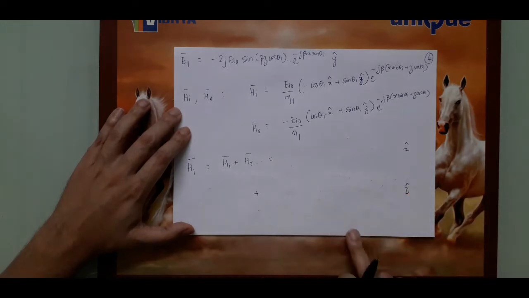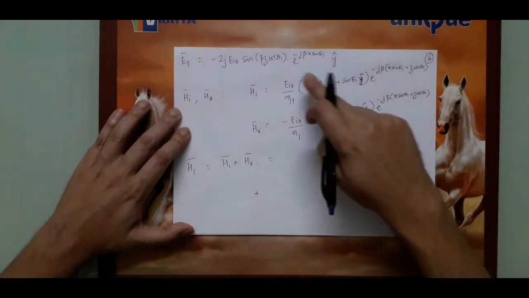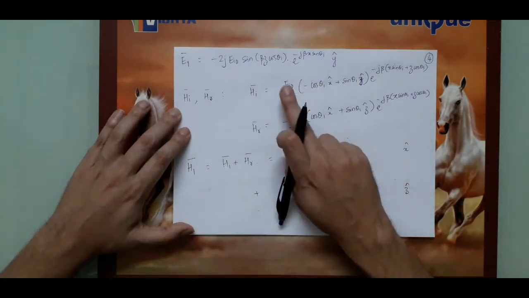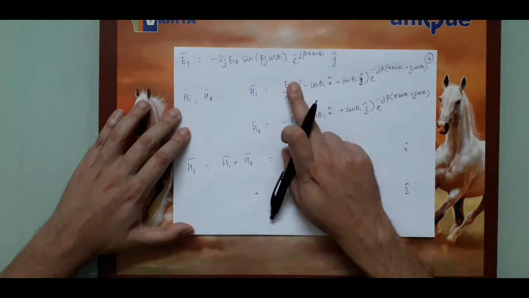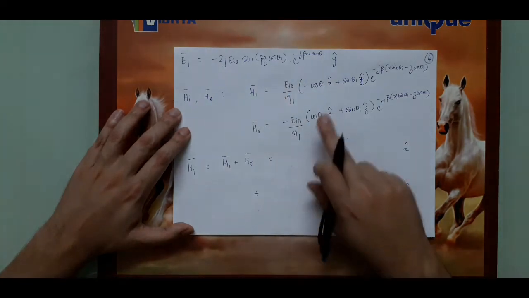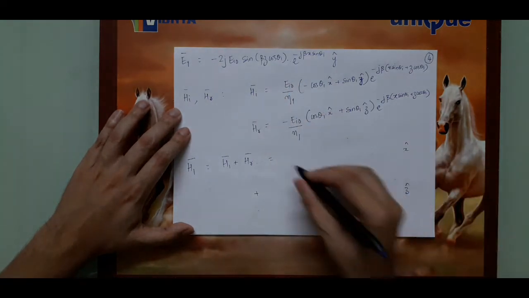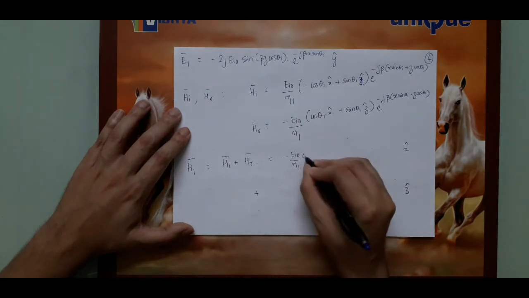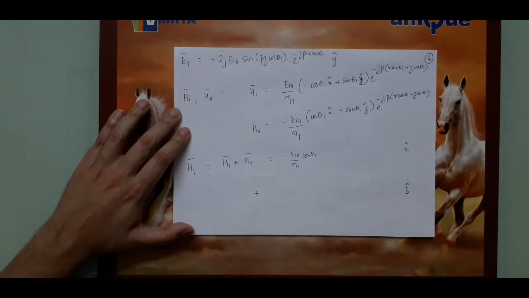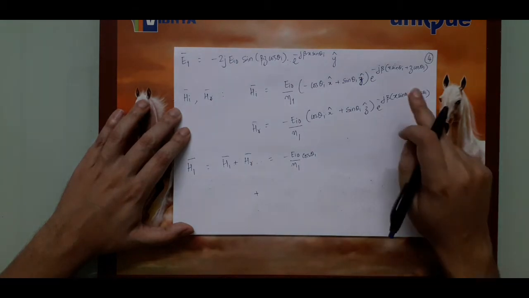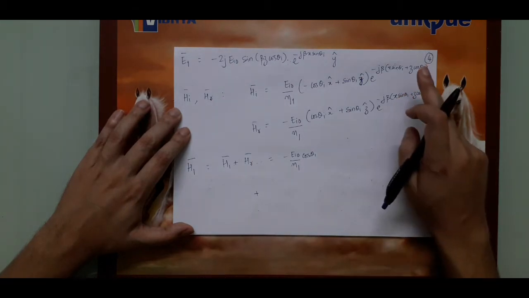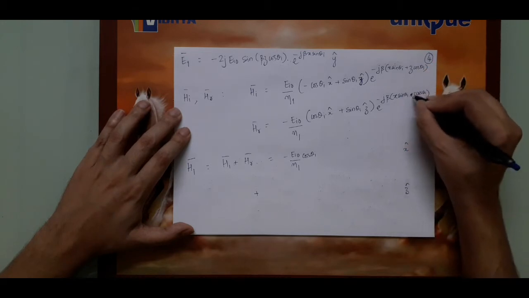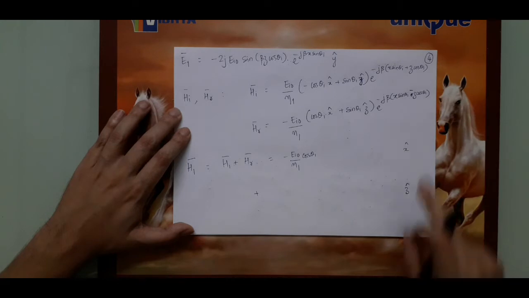So let's write down the x component first. Both will have EI0 by eta 1 with a negative sign and cos theta I. So the common term will be minus EI0 by eta 1 cos theta I times this, which will be a minus sign. Again, take care of this.